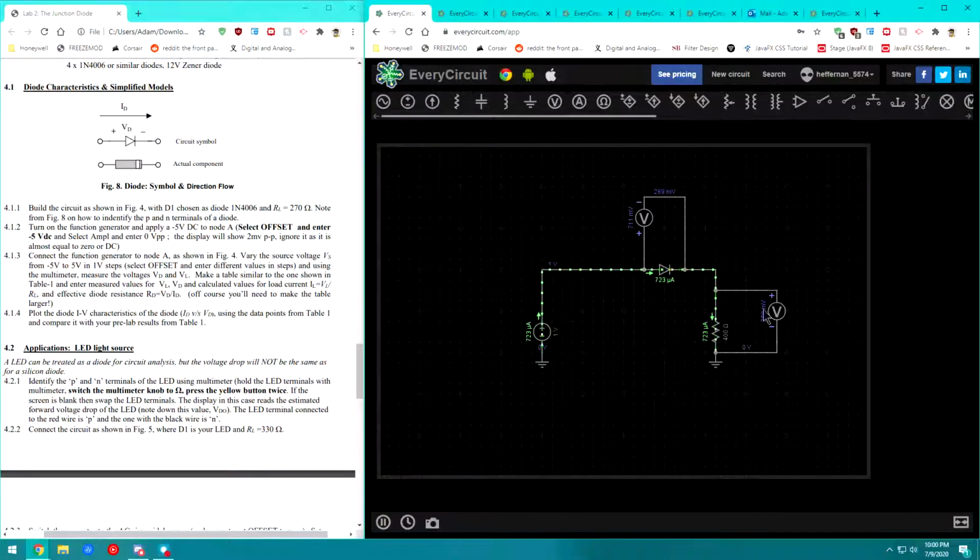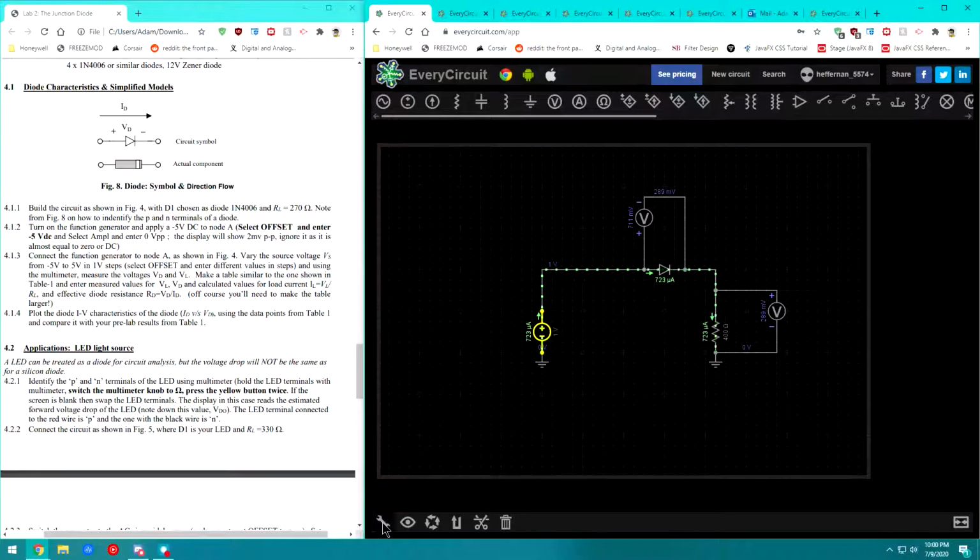Now we have positive 711 millivolts, and we have 289 millivolts across there. If you add those two voltage drops together, you get the 1 volt that is coming from our source. So that makes sense. That means we have no voltage loss in this circuit. This circuit obeys Ohm's law, and it obeys the conservation of energy from your physics classes earlier.